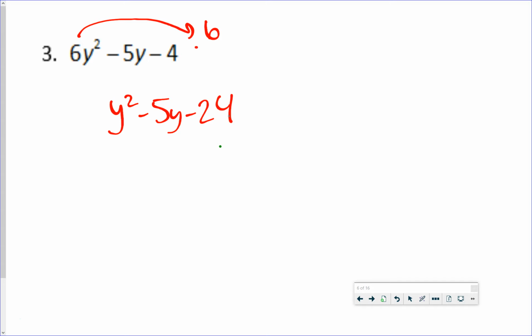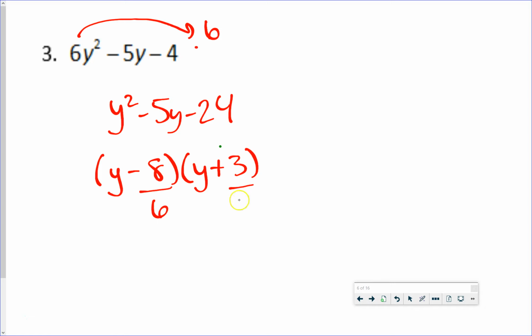Now you have 8 and 3. We're going to factor. Is that my answer? No. What do I have to do now? Slide it back. Oh, slip it. Get it? Like a slip and slide?